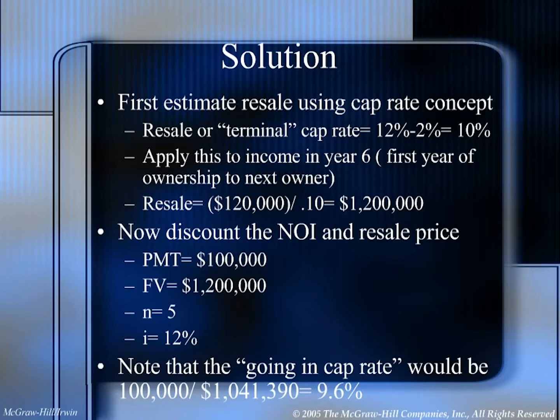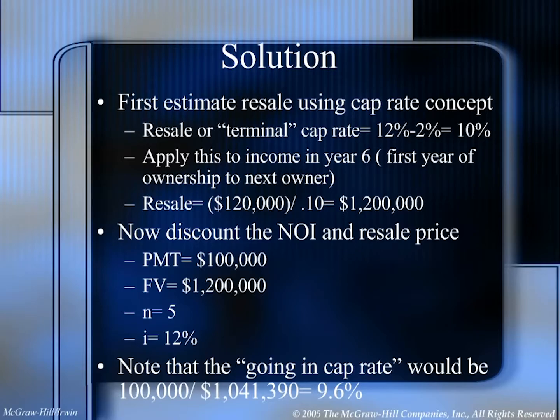So again, we can find that reversion value by taking the 120 divided by the required return of 12 minus the growth rate of 2, and we come up with 1.2 million. And we say, well, now we just have to find the present value of these cash flows. So we could say, it really looks like a bond. We could say our payment is 100,000, our future value is 1.2 million, and n is 5.